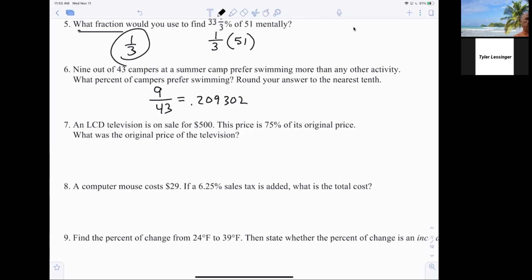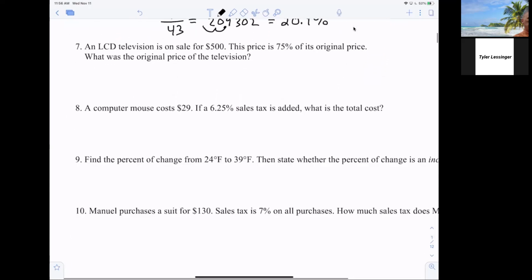Okay, that's good enough. Now we're going to percentage. So now we move it 2 places to the right. So I'd like everybody to be able to tell me that's about 20.9%. Is that okay? You good?